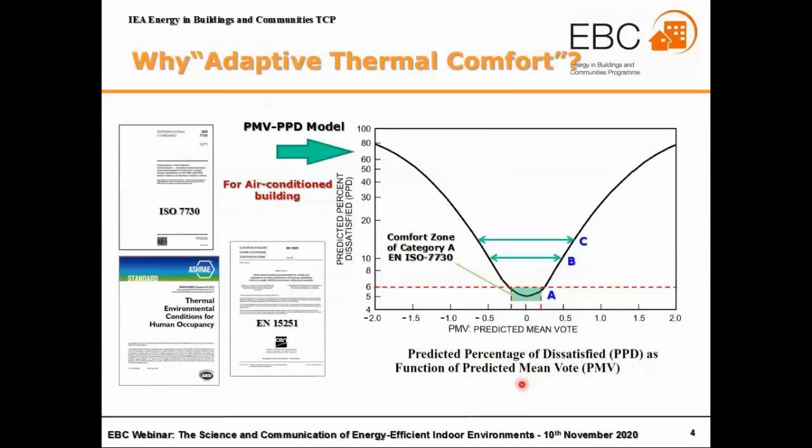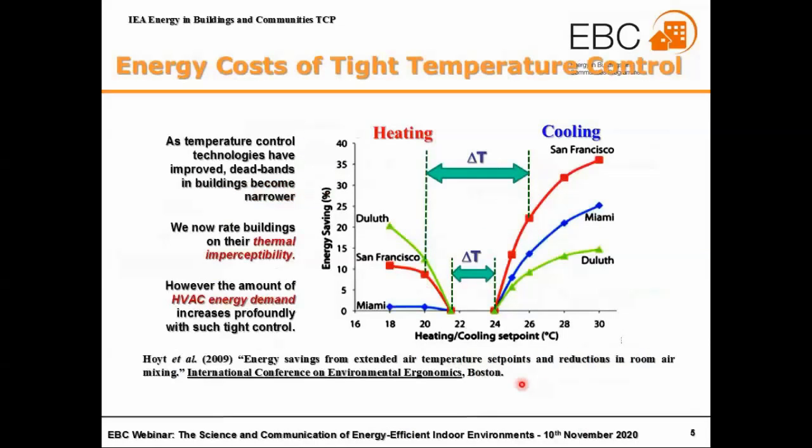That means the narrower, the better, but the wider is not so good. Is it reasonable? In fact, tight temperature band control will consume more energy. The literature shows that a narrow control range means higher energy consumption, and a wider control range means more energy saving.